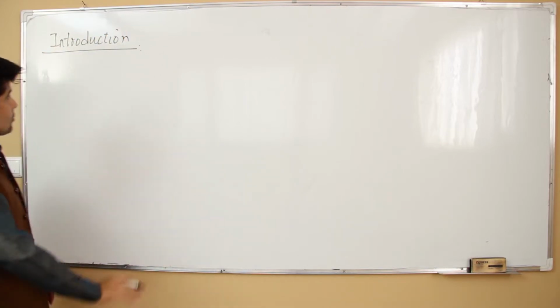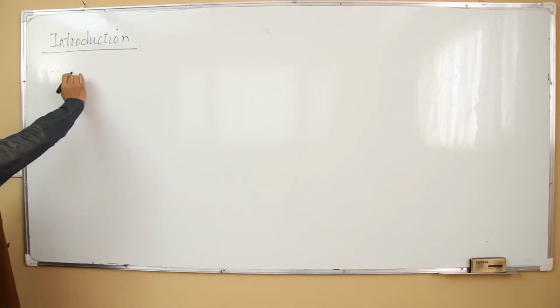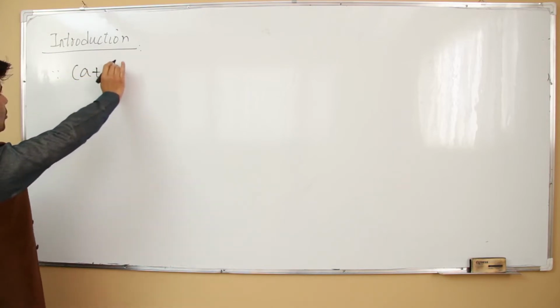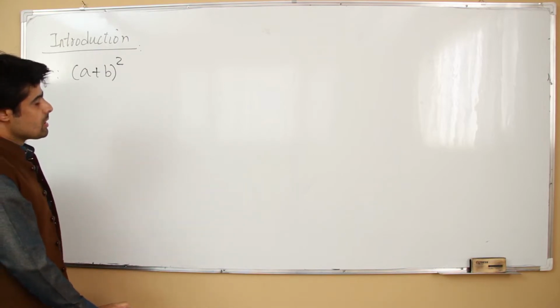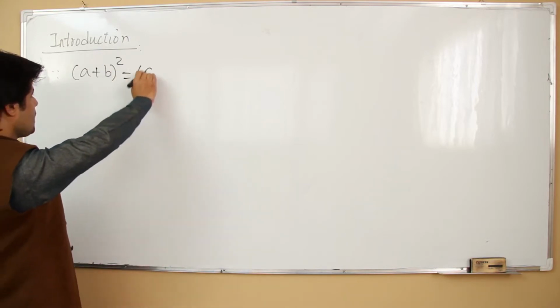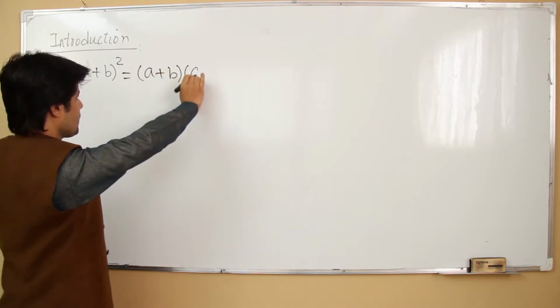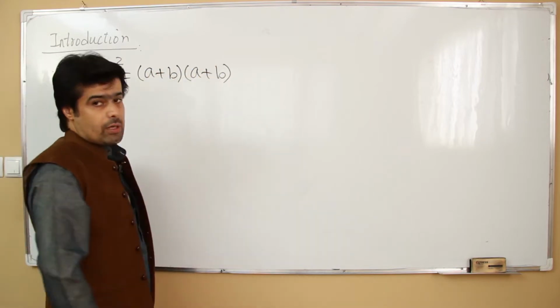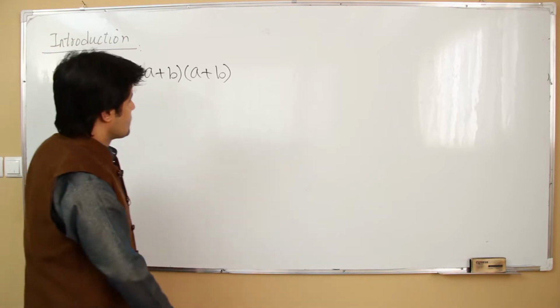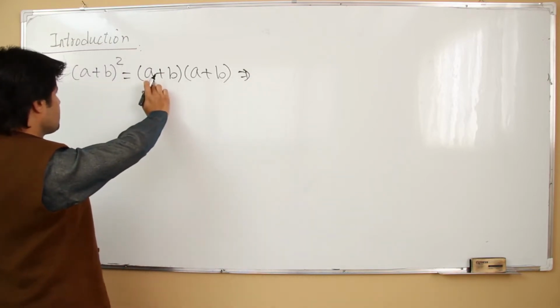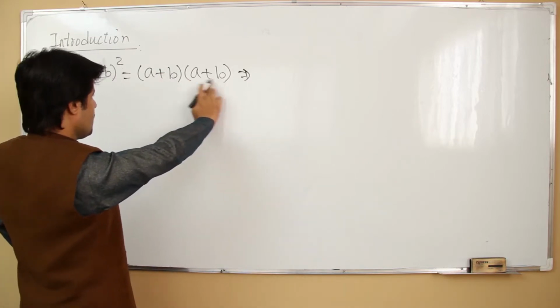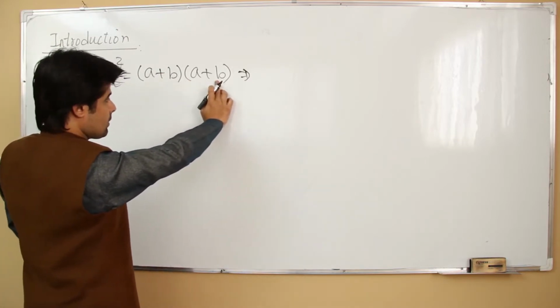First, you have to know that whenever we are talking about (a plus b) whole squared, this means (a plus b) multiplied by (a plus b). Am I right or not? Yes. Then how can you multiply these two terms? The first term should be multiplied with these two, and the second term should be multiplied with this one.